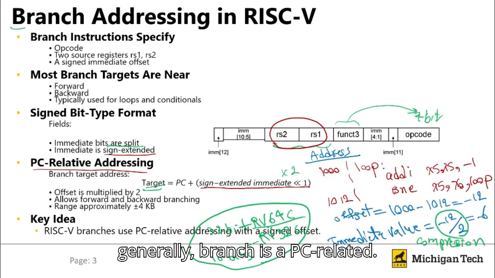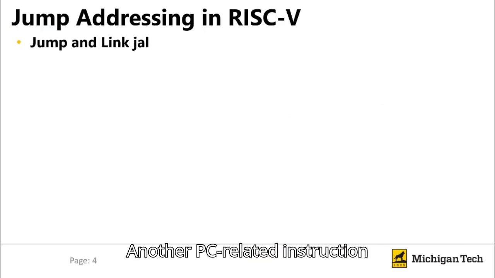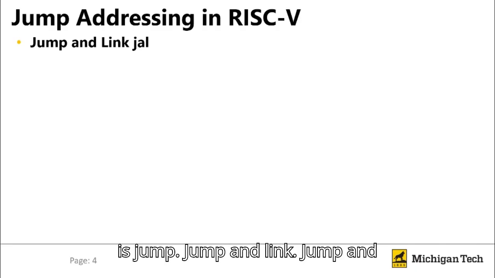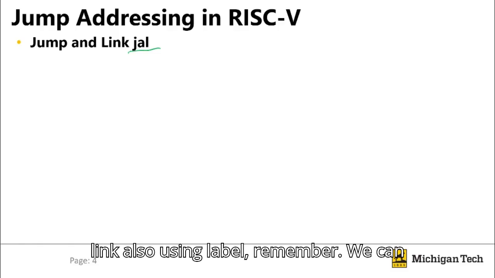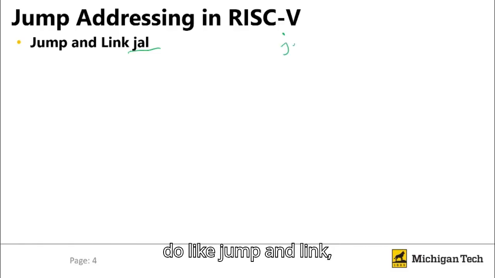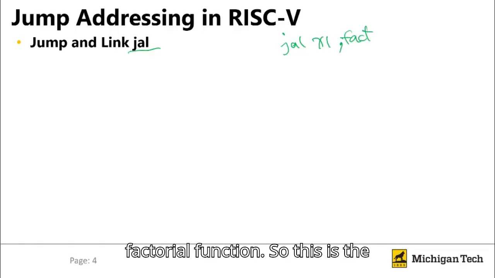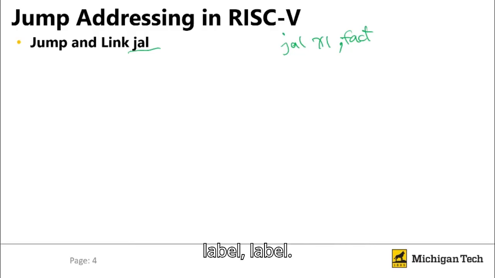Generally, branch is PC relative. Another PC relative instruction is jump and link. Jump and link also uses a label. Remember, we can do something like jump and link x1 factorial, which we used in the last class, the factorial function. So this is the label.